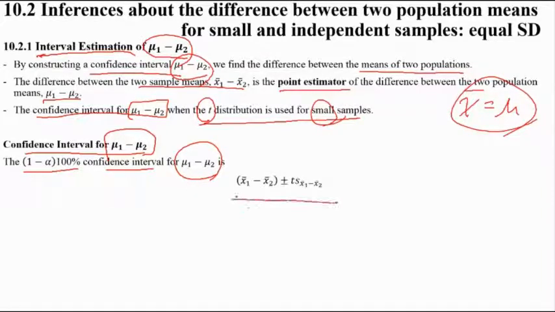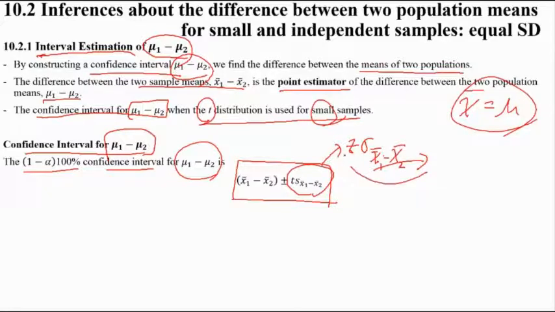Do you remember the formula? Before, for a large sample, we only differ in this part. For a large sample, we can use z with sigma or s, depending, s1, s2. So this is for a large sample, and for a small sample we use t.